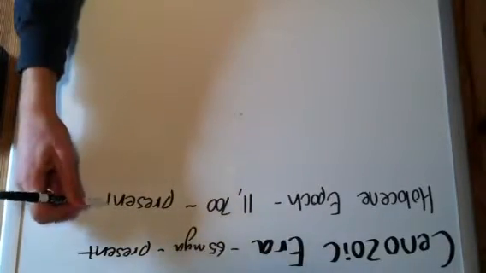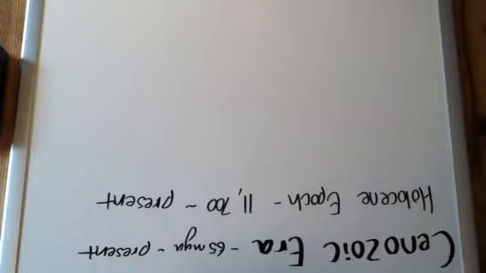So we are currently living in the Holocene epoch. And why we divide this one off seems a little bit silly, doesn't it, for us to break it up and have one that spans less than 1 million years.